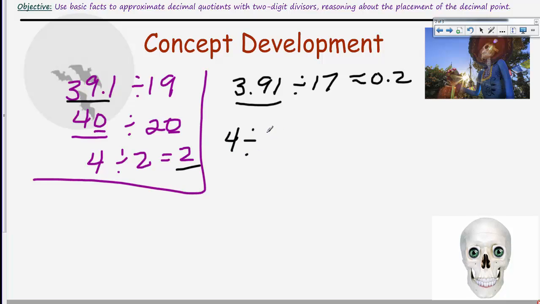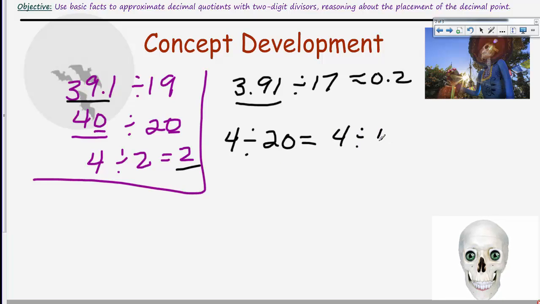How would we find this estimated quotient? We can think of this as 4 divided by 10 divided by 2, because 20 is 10 times 2. So we're saying it's 4 divided by 10 and then divided by 2. Let's continue this, and I'm going to draw my little arrow here. Come on down.